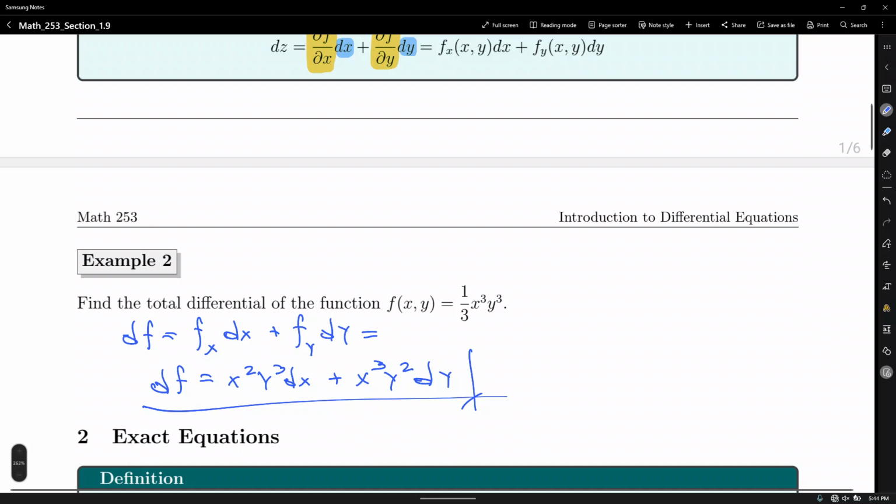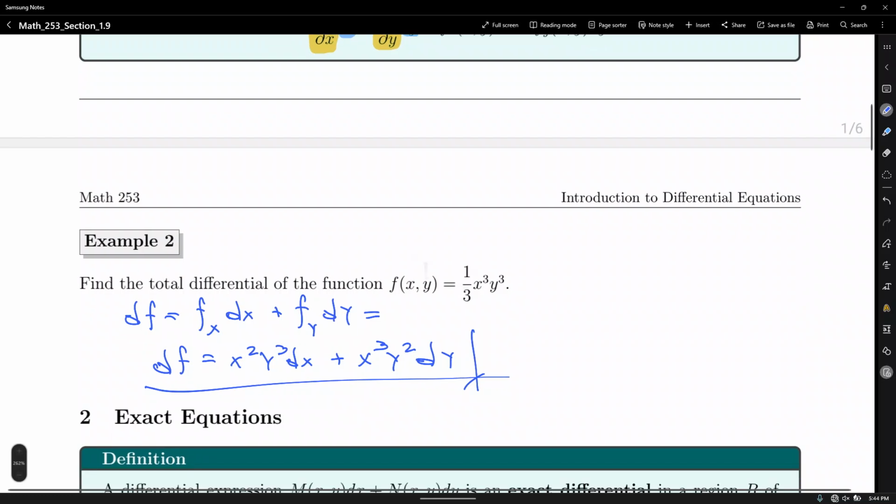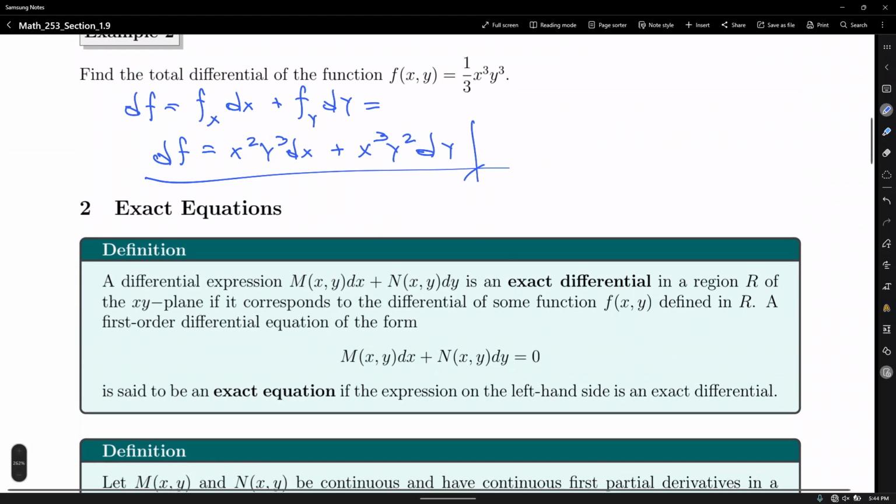Well, where are we heading with this? These are just the tools we need in order to see what's coming up right here, which is the solution to an exact equation. So let's have a look at what exact equations look like.